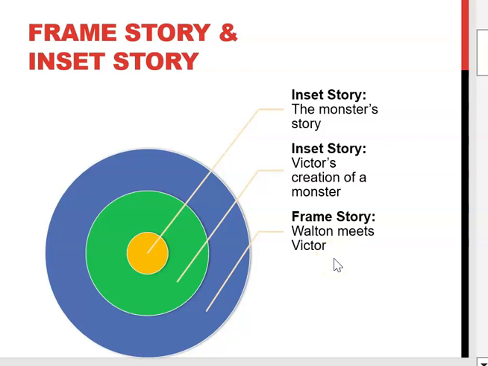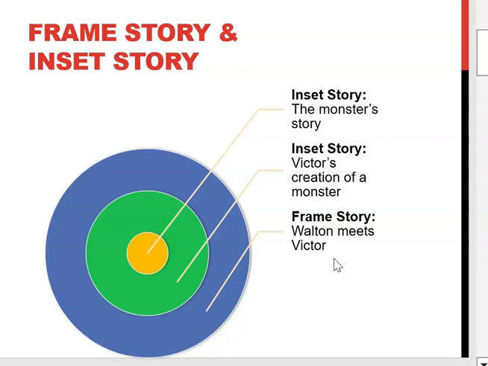and he's going to find Victor, who at this point in the narrative is on his last legs, decrepit, ill, and near death. He's going to pick him up on this boat.